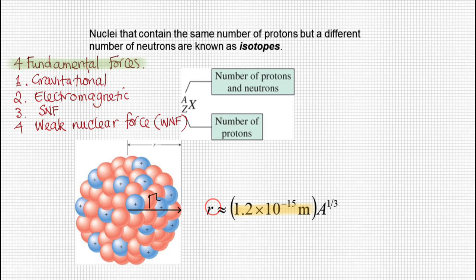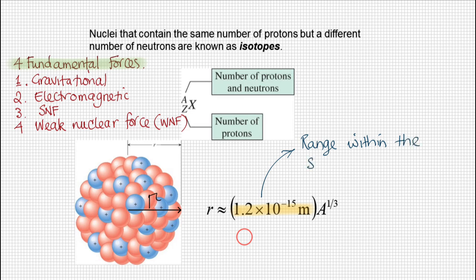As the nucleon number increases, as the number of protons and neutrons increase, of course, so does the radius. But what this tells us is that the strong nuclear force has a limited range, and that range is very small. When the nucleus radius becomes greater than this, the nucleus starts to become unstable.